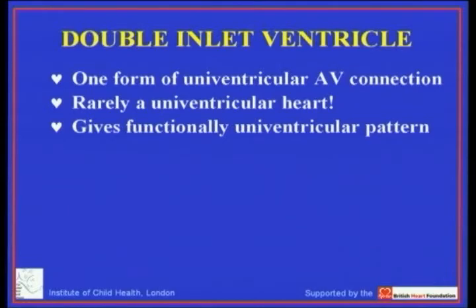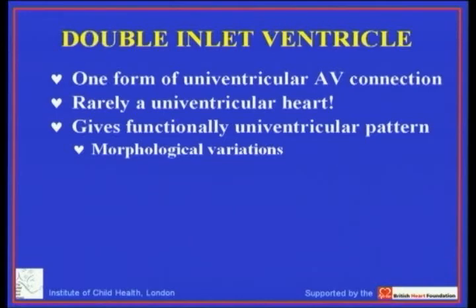But if we accept that always double inlet ventricle creates a functionally univentricular pattern, then I think we can solve both the anatomic problems and the descriptive problems, because simply adding the adverb functionally makes everything logical.